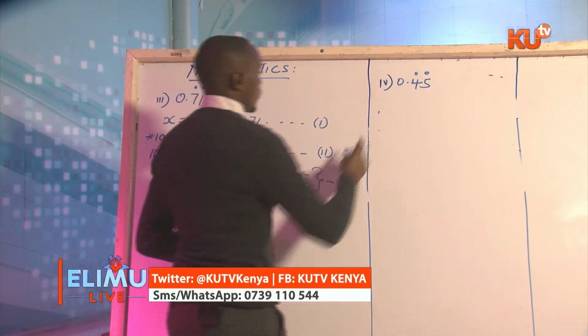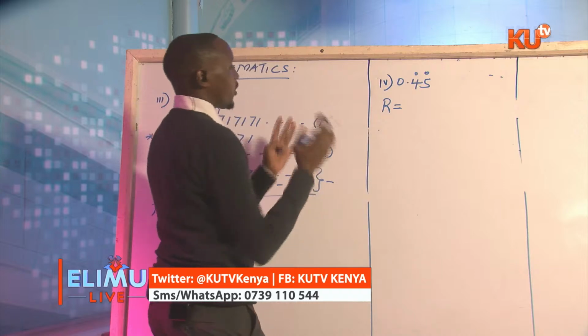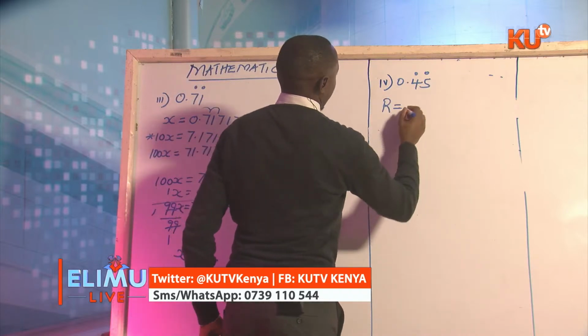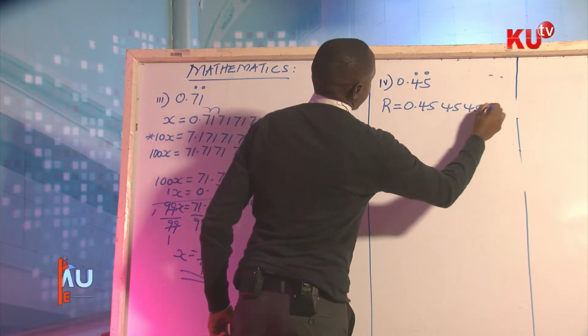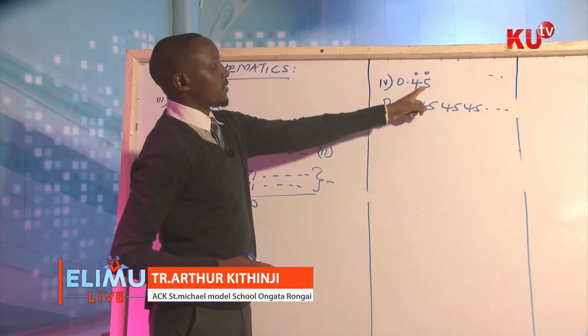First of all, let's call it r. Let's make the unknown a full decimal now: r is 0.454545, because according to the notation here, 4 and 5 are recurring.